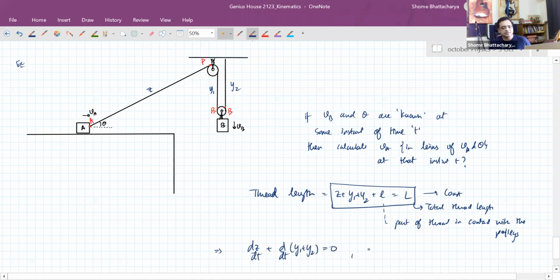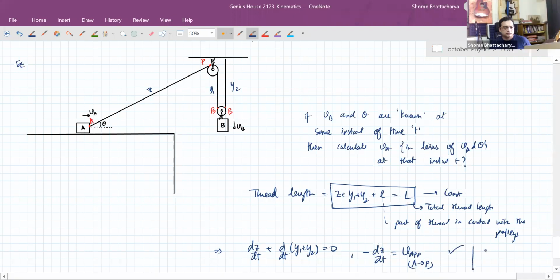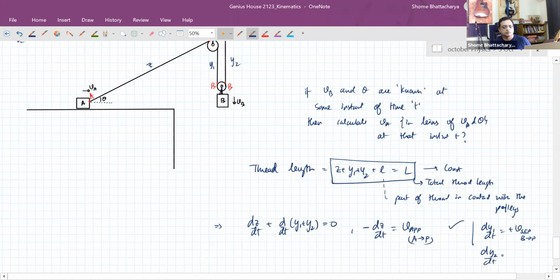Now you can see that dz by dt is such that minus of dz by dt is equal to the approach velocity of the point A towards the pulley P. Does this make sense to all of you? Yes, sir. Okay, and whereas dy1 by dt is positive of the separation velocity of the block B from the pulley, and same with dy2 by dt.